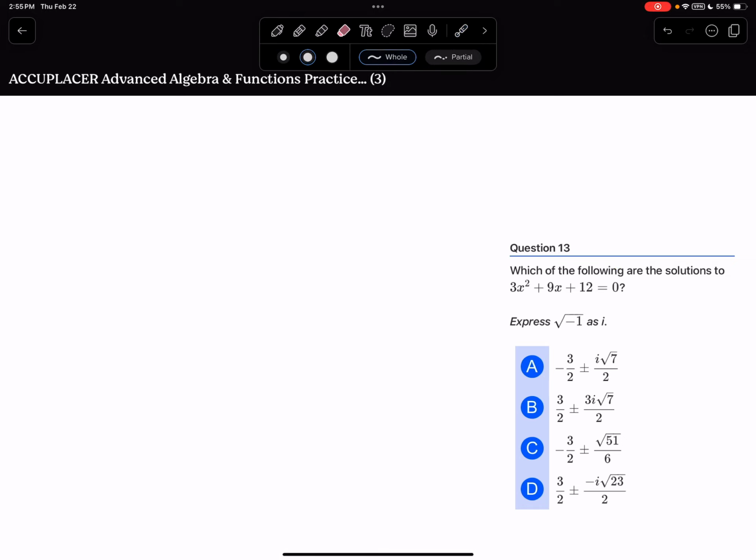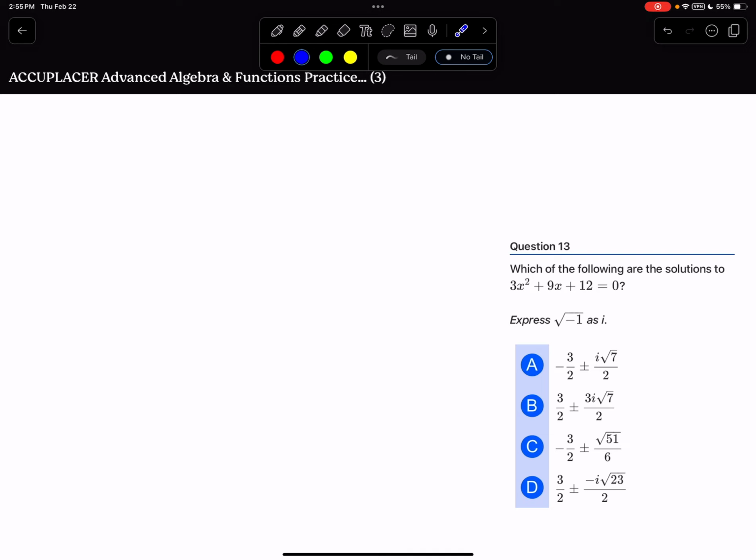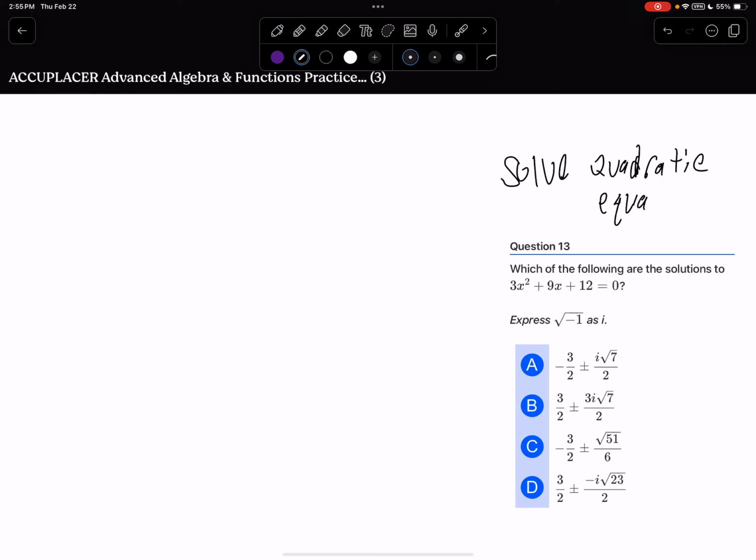So we want to know how to solve quadratic functions or equations. There are some things we can do to solve quadratic equations.